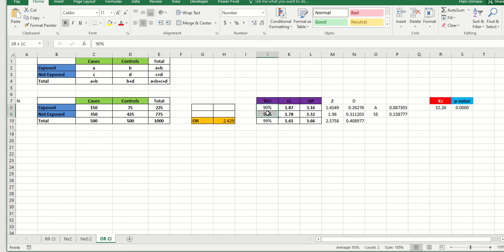Okay, so you're gaining in confidence, but you're losing on precision. The alpha is 10%, 5%, 1%. All of them do not cross 1. Meaning all of them are statistically significant. Meaning the p-value is definitely less than 10%, less than 5%, and actually it's less than 1%.